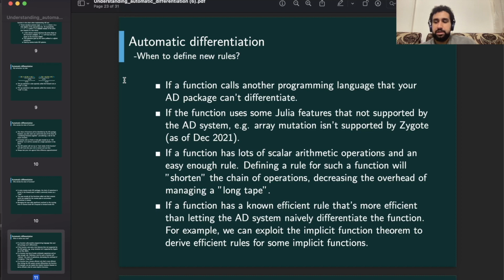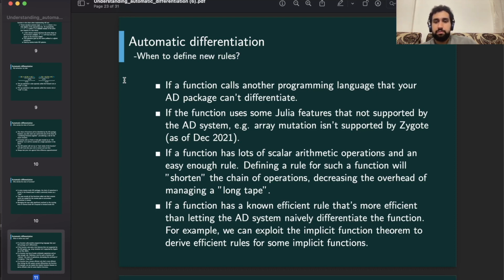And the reason for this, again, is that you're saving the AD system a lot of work. It doesn't need to do all the work now to figure out how to build this chain of functions, especially for reverse mode AD, building the chain of functions and being able to store and save all the intermediate variables and then traverse it all backwards. That can be very complicated to maintain, and it can add a lot of overhead. And as your matrix size increases, then this overhead also increases.